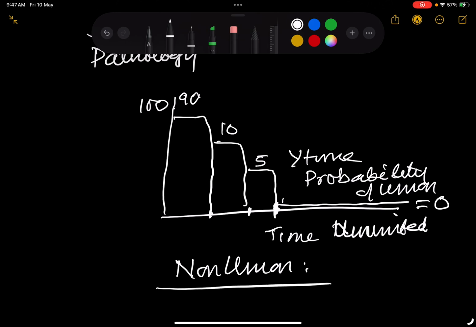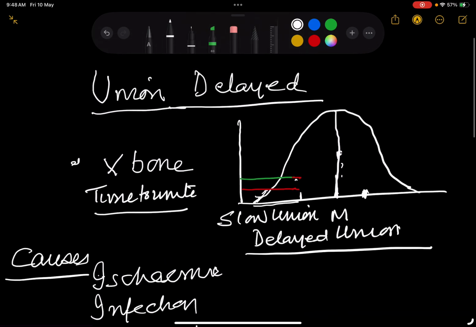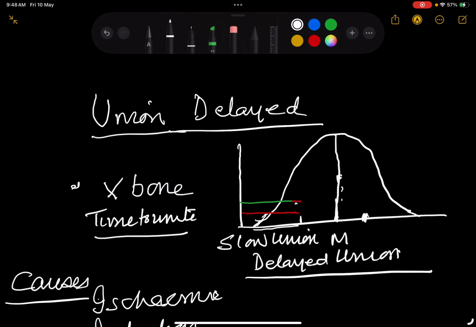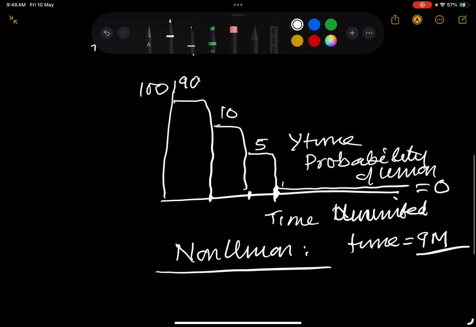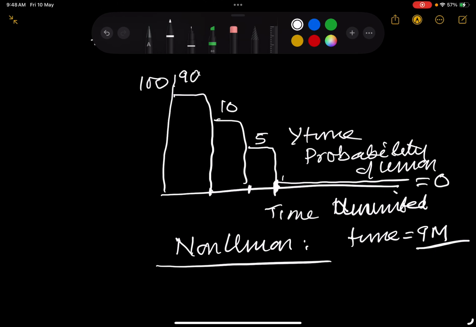However, non-union means probability of union after this time is 0. Conventionally, this time is equal to 9 months. So if anybody asks you to define slow union, delayed union, non-union, then these are the basic definitions.